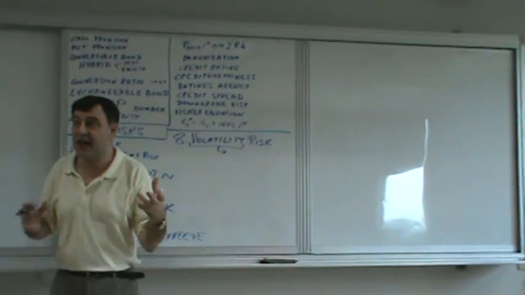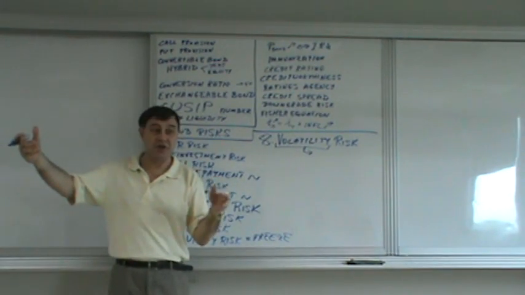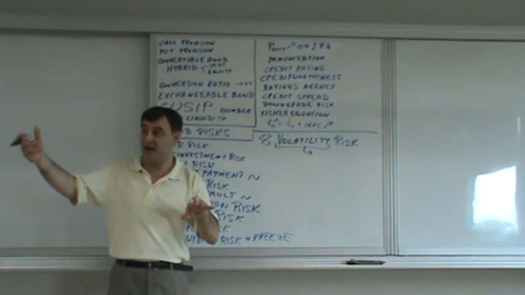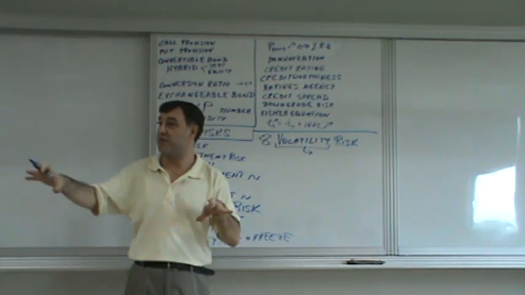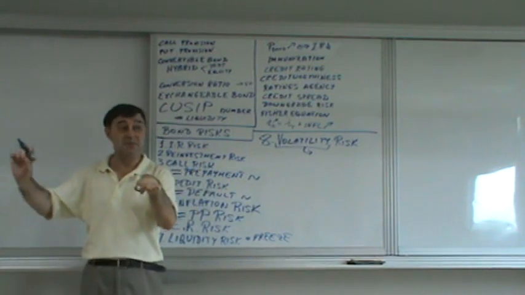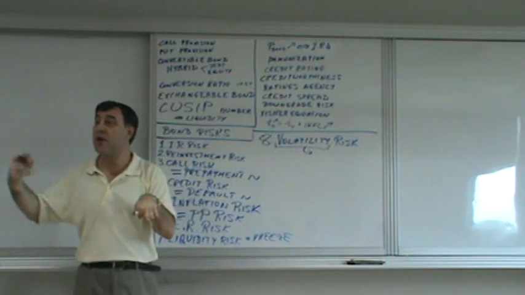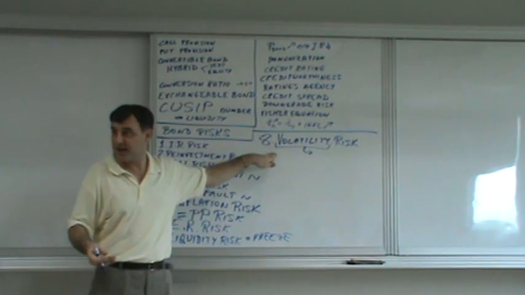Higher volatility means higher value of an option. Lower volatility means lower value of an option. No volatility means constant price, which means zero value of an option. So the value of an option goes up with volatility.